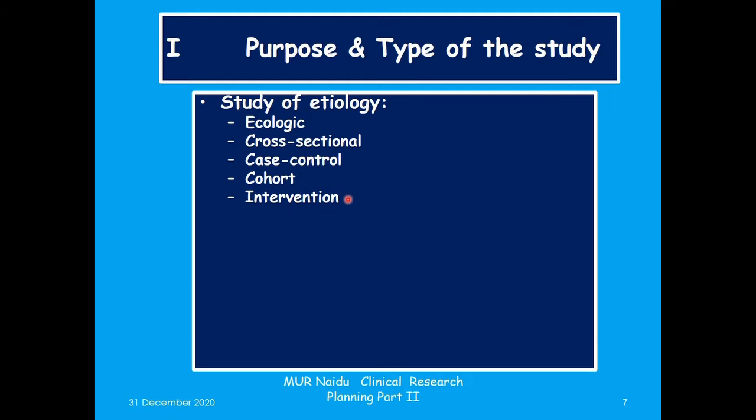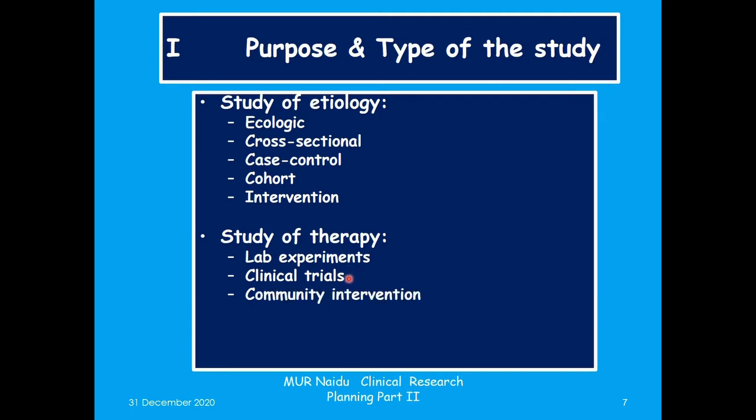The second type of study is the study of therapy, where you are trying to find out the effect on a particular type of change which is occurring in the lab experiment, or it can be simply a clinical trial where you are trying to find out the effect of a particular drug, or it may be a community intervention.